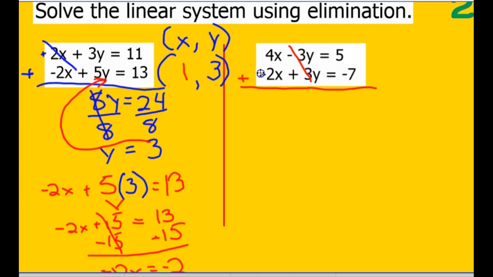And we get 4x plus a negative 2x. So that's basically saying 4x minus 2x, and we get 2x equals 5 plus a negative 7, or 5 minus 7, which is negative 2. So now to find x, we divide by 2.